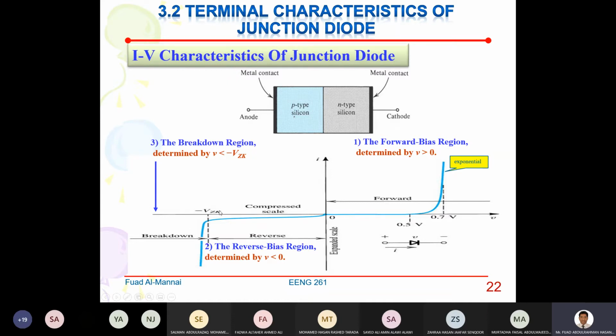For example, if you read a spec sheet of a diode that you bought from the store, and you see that VZK is equal to, say, minus 20 volts, then you know that minus 20 volts is your limit. Otherwise, if you exceed it, the diode will break down, and then you will throw your diode away and buy another one. Got it?